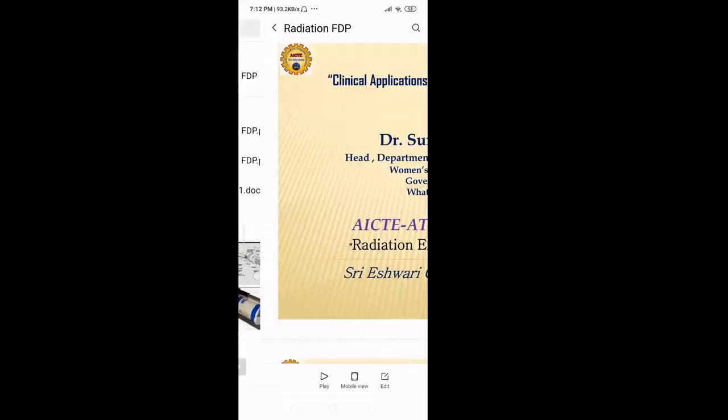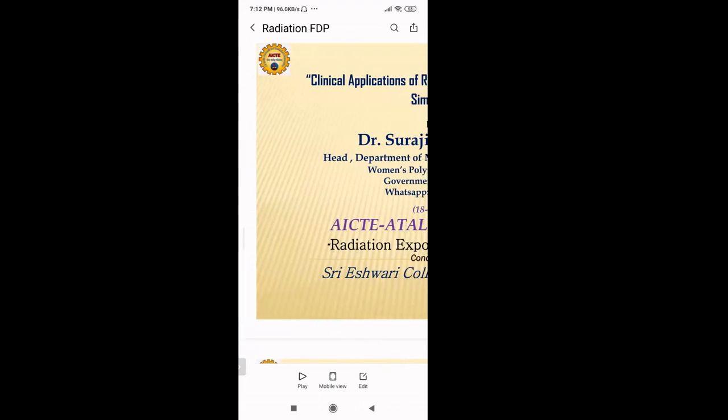Okay. So this was our slide. There is the United Nations Scientific Committee on the Effects of Atomic Radiation. It's a prime body which looks into many things.